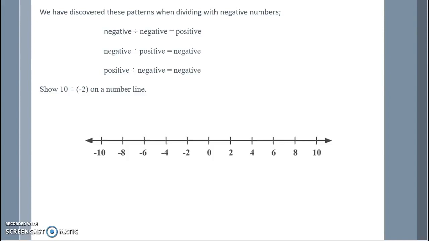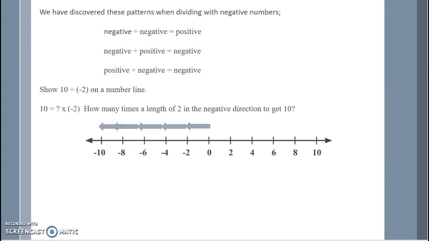Show 10 divided by negative 2 on a number line. We turn it into multiplication. So 10 is how many times a length of 2 in the negative direction to get positive 10? Well, we know that if we go negative 5 lengths of 2, we would get to negative 10.